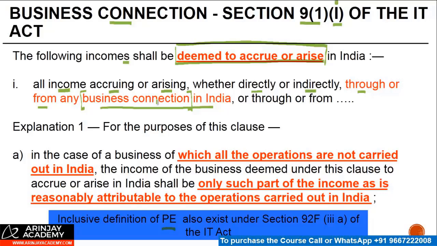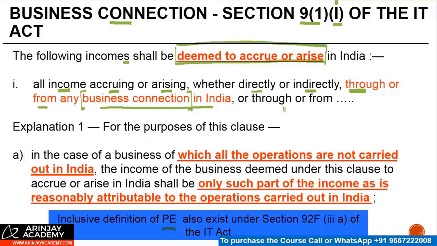In those cases, if this agent is there in India and the production activities are carried out by the non-resident outside India, the two activities actually interact with each other to result in profit from manufacturing activities for the non-resident. So this agent will be treated as a business connection of the non-resident in India. And all income which is accruing or arising through this business connection will be taxable in India.